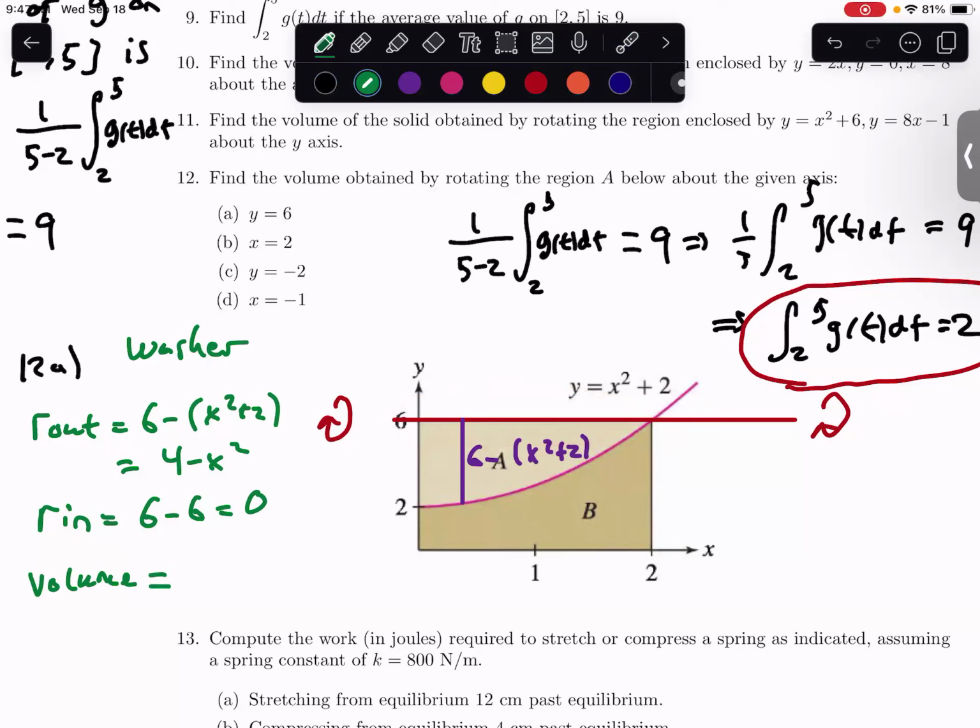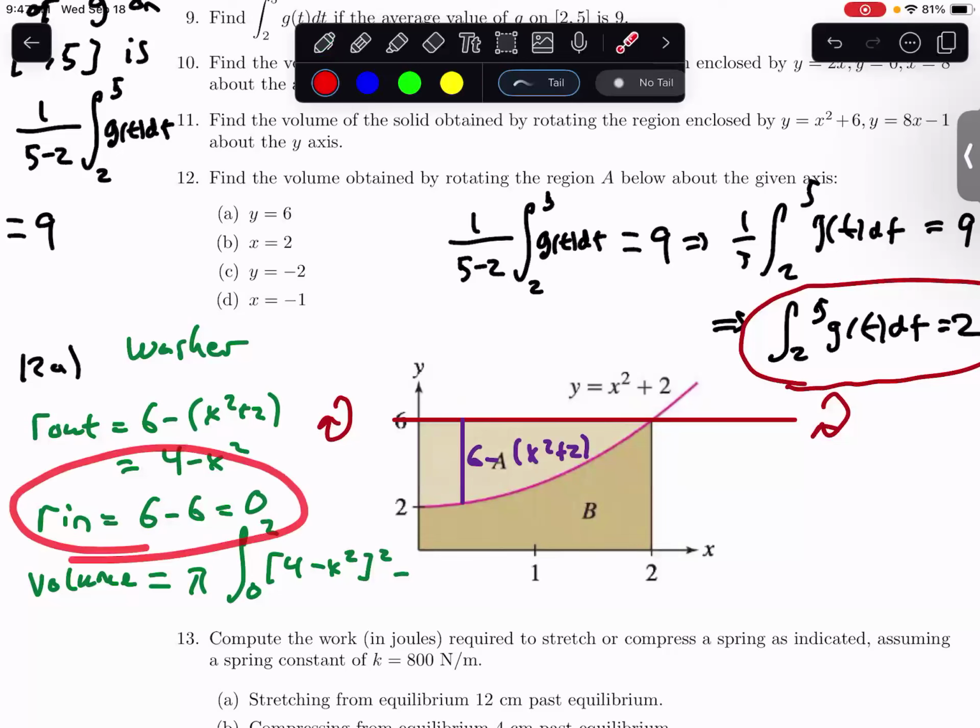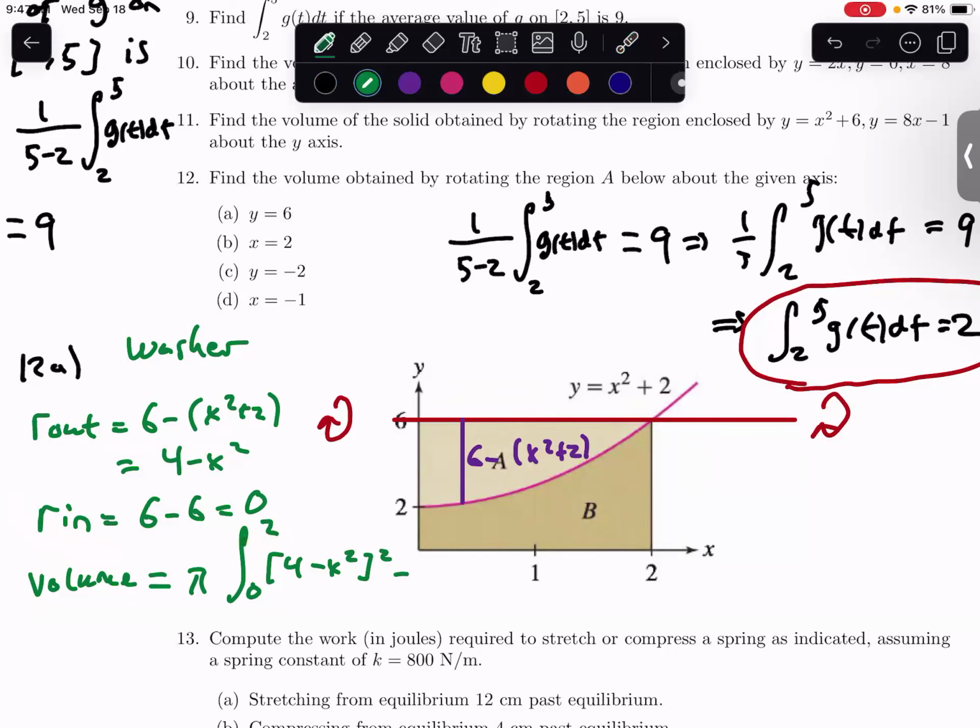This is going to be pi times the integral from 0 to 2 of the outer radius squared, 4 minus x squared squared, minus the inner radius squared, which is 0 squared, dx.